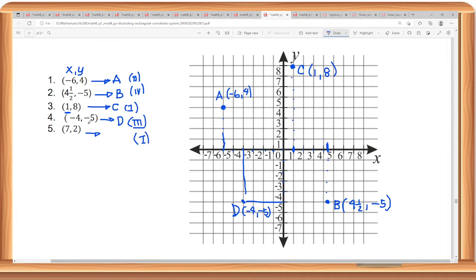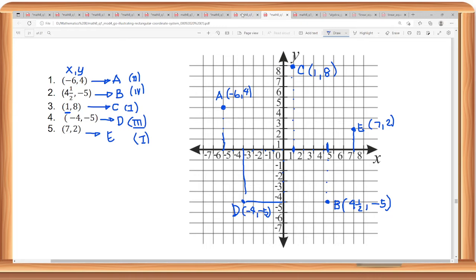Let's say this is point E. 7 is the x coordinate. In the x-axis, there were 1, 2, 3, 4, 5, 6, 7, and then 2 for the y coordinate. So we have 1, 2. So point E is over here, wherein the x coordinate is 7 and the y coordinate is 2.